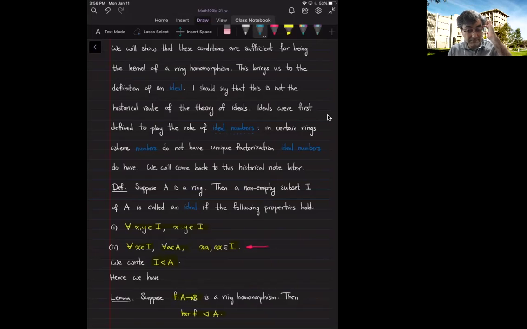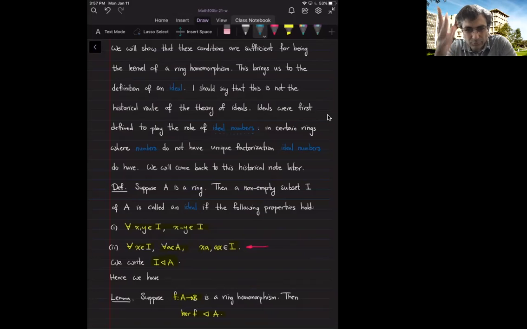A non-empty subset I of a ring A is called an ideal if it has these two main properties: for every x and y inside I, x minus y should belong to I. And for every x inside I and every a inside the ring, xa and ax, both of them should be inside I. In that case, we say I is an ideal, and we write I ◁ A. Please do not get confused with this notation and normal subgroups in groups.